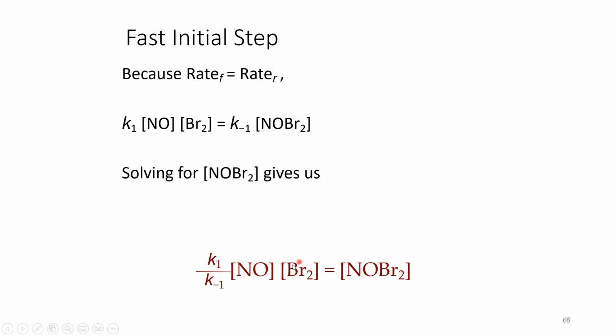Then we can go to our rate determining step, that slow step, and instead of expressing it in terms of the concentration of this intermediate, we can plug this in its place. That's where we're going to see the square of the concentration of NO, because we already had one of those in the equation, and then we get the Br2 with it as well.